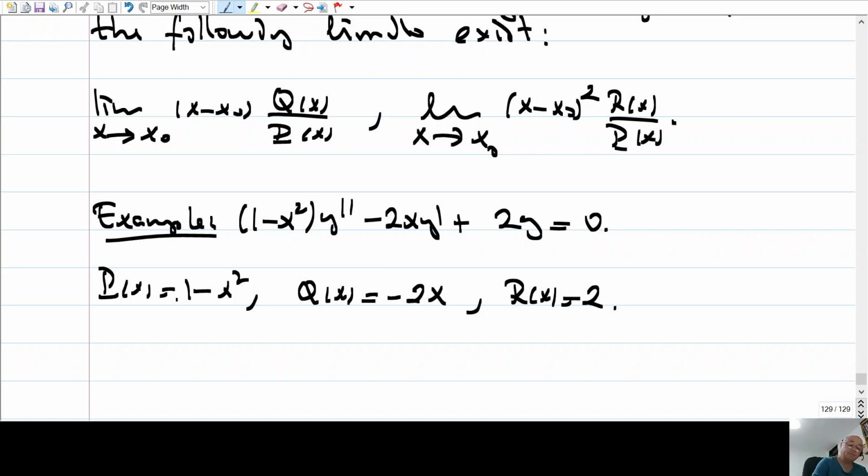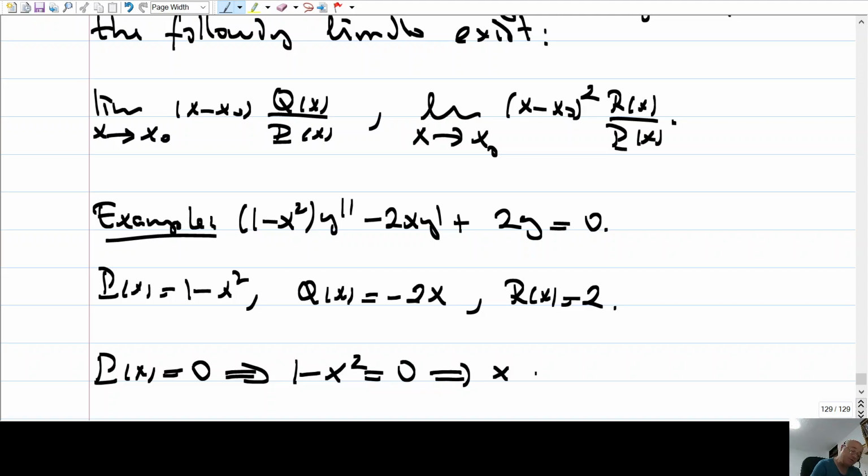All right. Well, singular points are the points where the coefficient of y double prime, which is p, is 0. So if I equate this to 0, I get 1 minus x squared is 0. And from this we see that x is plus minus 1.